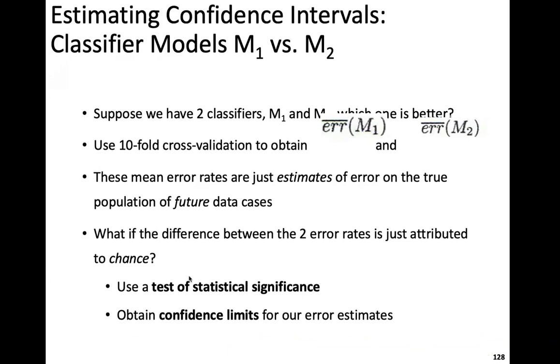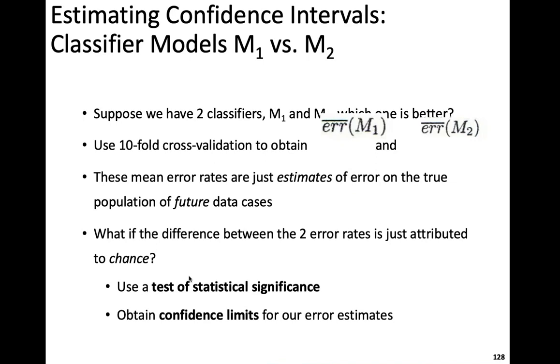Now you also have one measure which is called a confidence interval. If you have two classifiers, M1 and M2, and you want to know which is the better one, what you do is use tenfold cross validation, look at those errors, find the differences, and see whether that is significant or not.